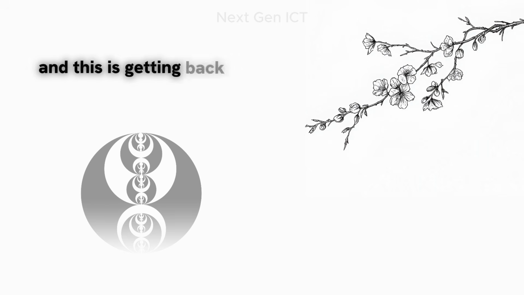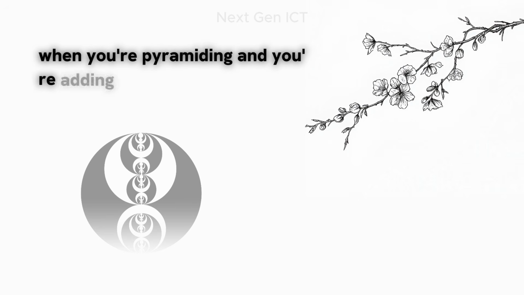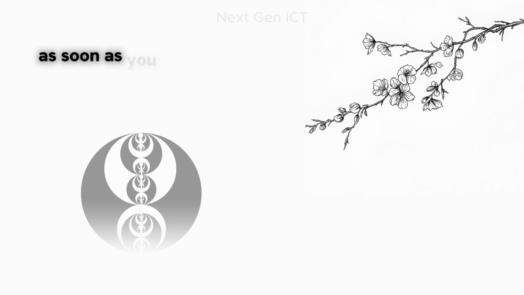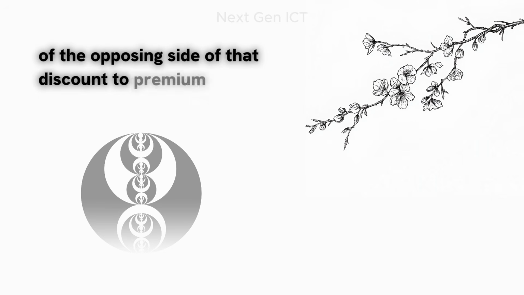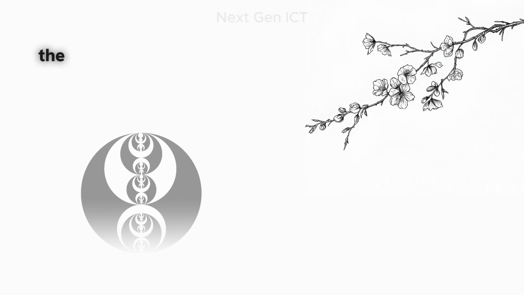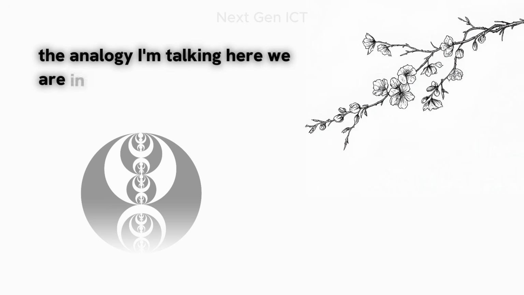And this is getting back to when I was teaching you this week how to pyramid, adding more to a winning trade and building your positions up. As soon as you cross the threshold of the opposing side of that discount to premium or premium to discount range, and we're going to use the analogy I'm talking here, we are in a buy program.